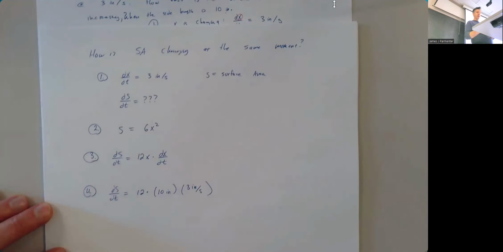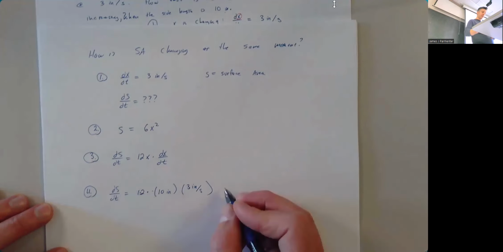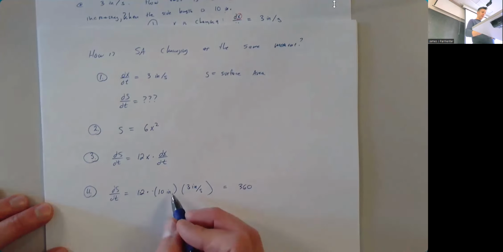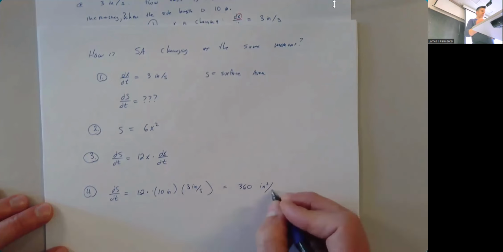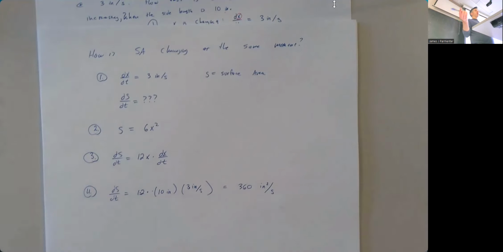I'm multiplying it all together. 3 times 12 is 36. 36 times 10 is 360. And inches times inches, so inches squared per second. As it should be if we're talking about how an area is changing. It should be inches squared per second, or feet squared per second, or miles squared per hour, right? Whatever the unit of measurement is divided by the unit of time.